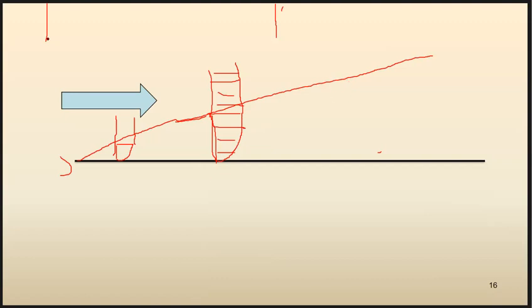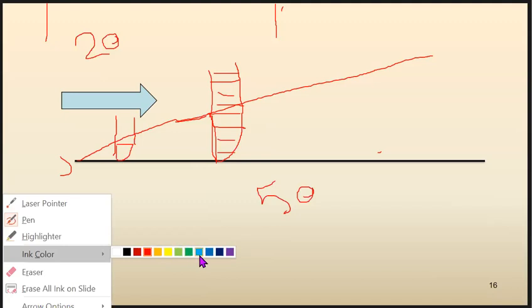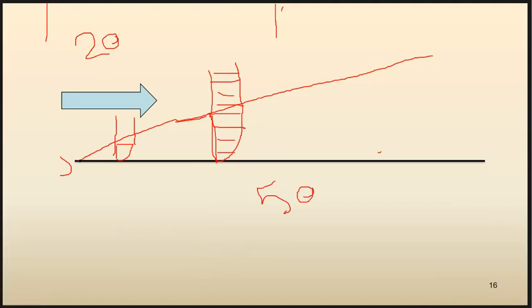Let's say the temperature of the fluid is 20 and the temperature of the surface is 50 degrees Celsius. Since there is a temperature difference, a thermal boundary layer is going to develop, and I show it by a different color.